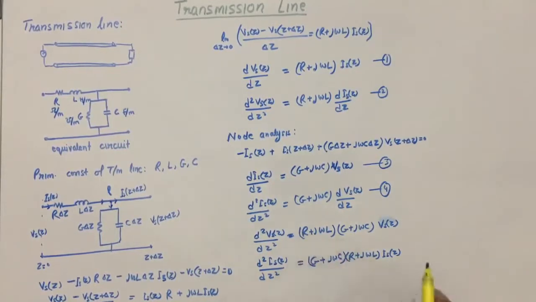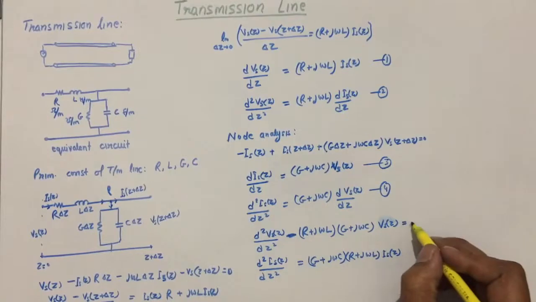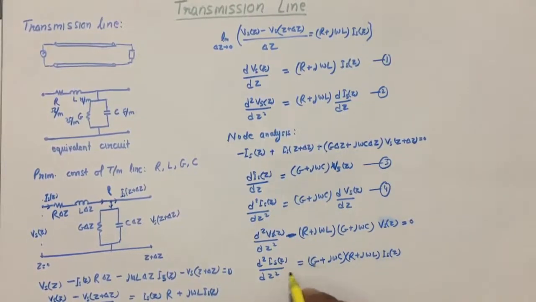Now these two are the final form of the equations that we have. If we bring it to the left side, minus equal to 0, similarly we can bring it here, minus equal to 0. We can do it like that. Relating it to the wave equation, we can have d²V_s(z)/dz² minus γ² V_s(z) equals 0.